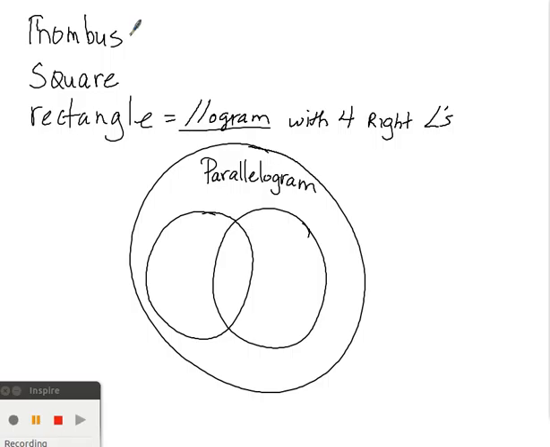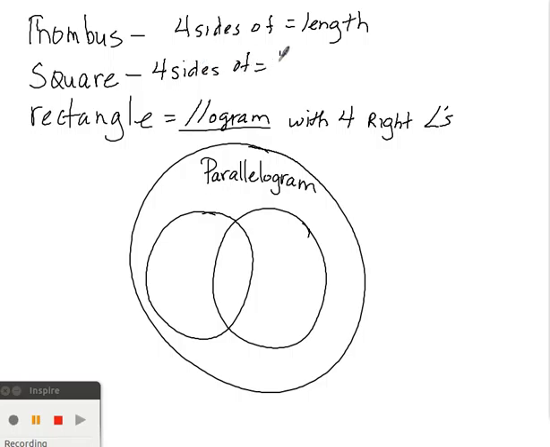A rhombus has four sides of equal length. Now, it's not necessarily a square, because a square has to have four sides of equal length and four right angles.